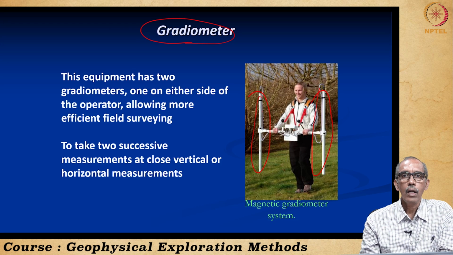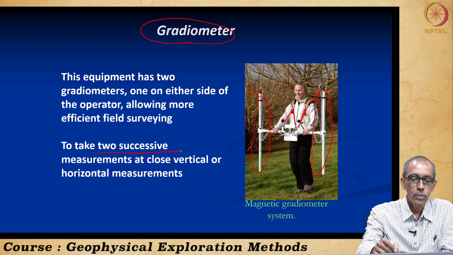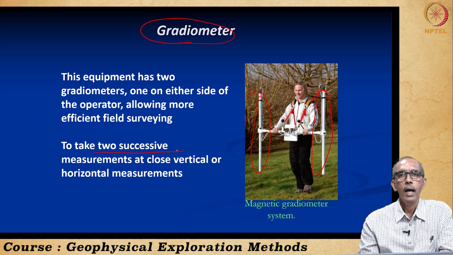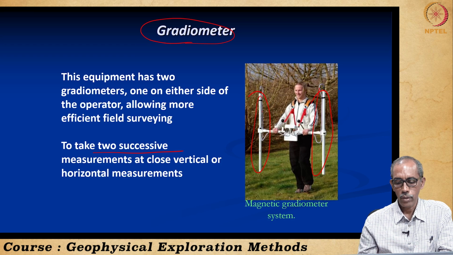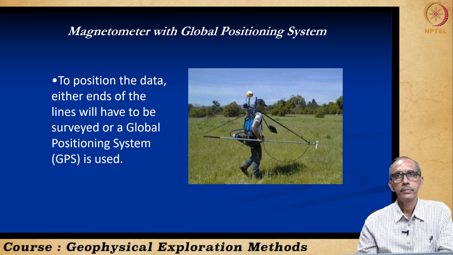So, along your traverse, we are taking two successive measurements at close spacing, either vertical or horizontal measurements can be taken. So, this is a gradiometer. These are the four types of magnetometers which are often used in magnetic survey.